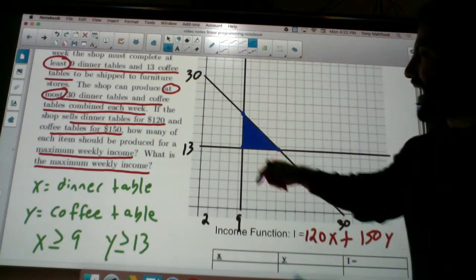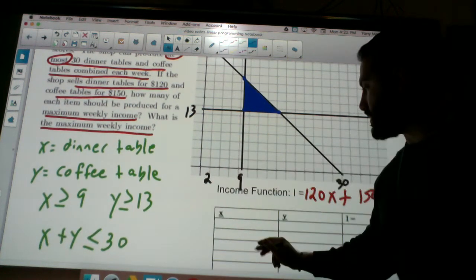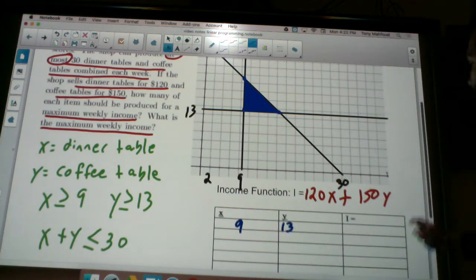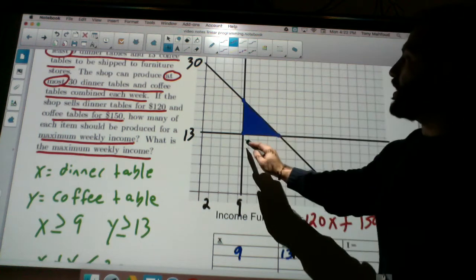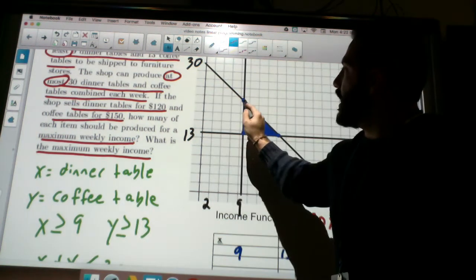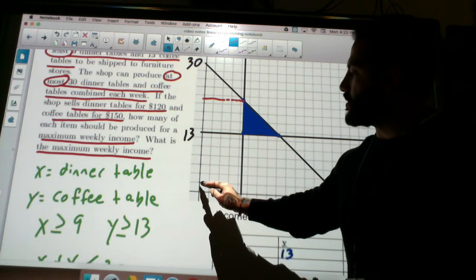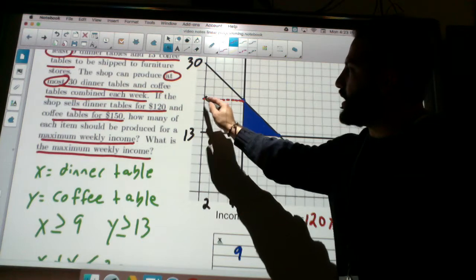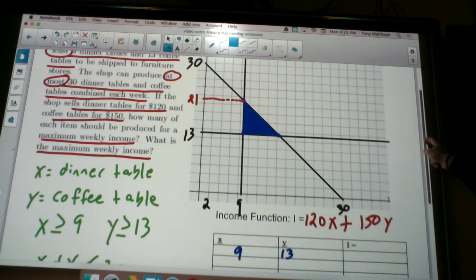My first one is going to be 9, 13. So this intersection point is 9, 13. So my x is 9. My y is 13. My next point is at this intersection point right over here. And that's going to be 9, I need to trace this back to over here. So if I go up by 2's, I'm 2, 4, 6, 8, 10, 12, 14, 16, 18, 20, and 21. So that's going to be 9, 21.